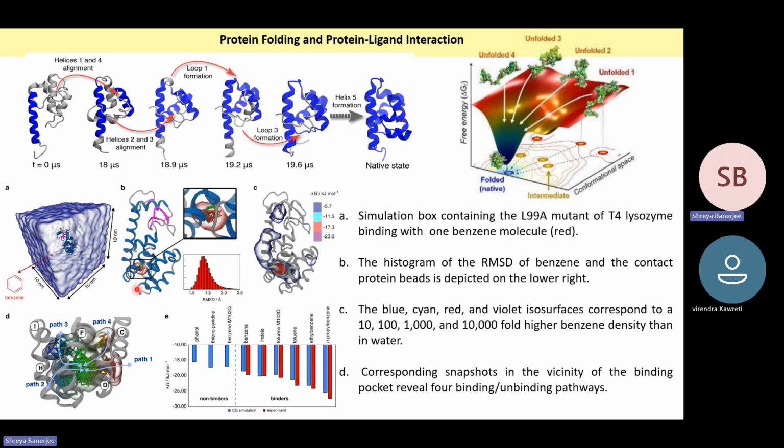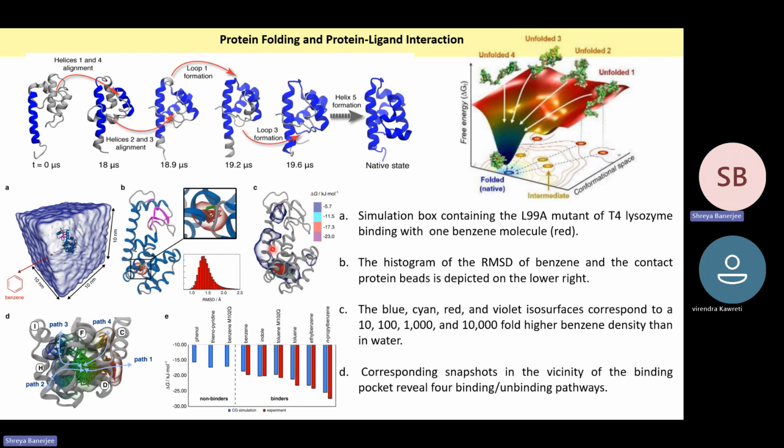If you look at the RMSD of benzene as it is binding to this region of the protein, wherever it is binding, the protein will also reorganize to accommodate the benzene. So there will be an RMSD in the amino acids in the binding region also. And also from these simulated structures, the delta G of binding can be calculated.